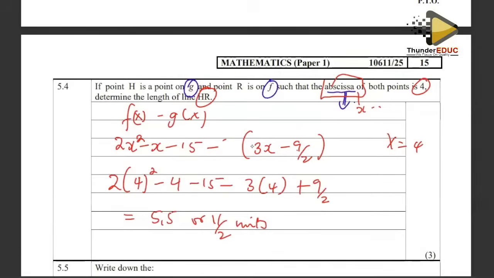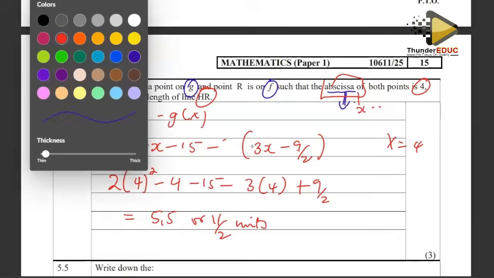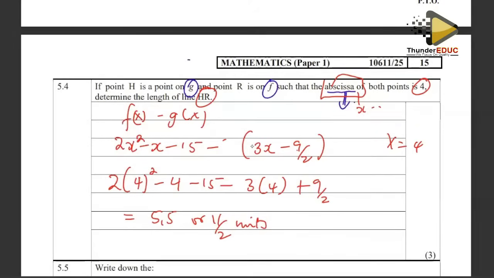That's one way to do it. The other alternative that I feel would have been quick is for you to get f of 4, and then you're going to get something like 13. And then you look for g of 4.